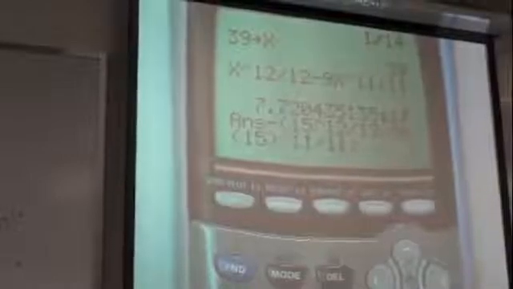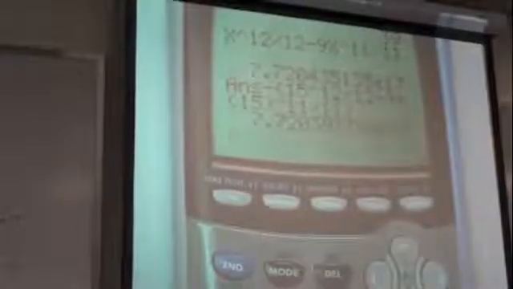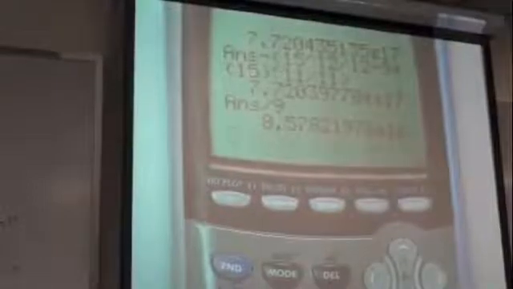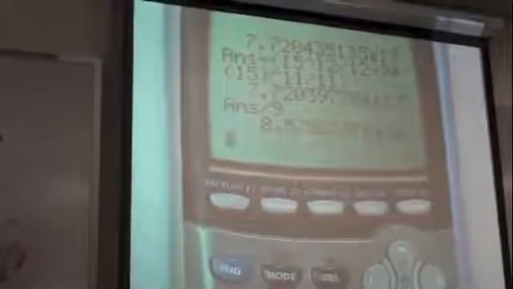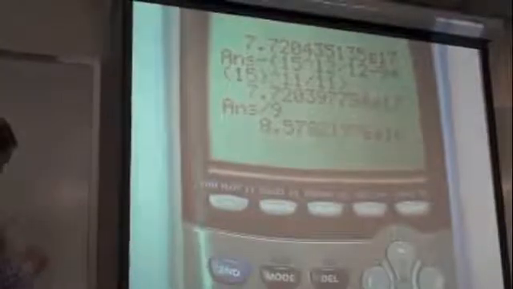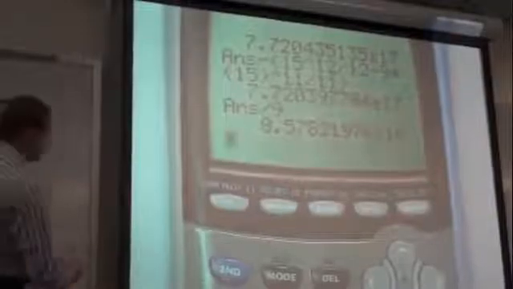Now minus 9 times 15 to the 11th divided by 11. Okay, this should be right. It's still a huge number. And I'll divide that by 9. So the answer I'm getting, in scientific notation, you could just say this is approximately 8.578 times 10 to the 16th power.